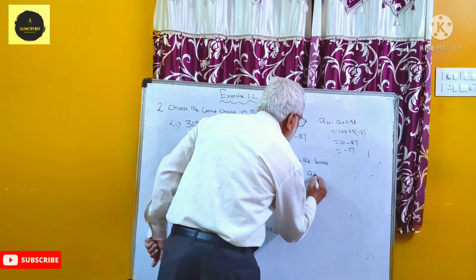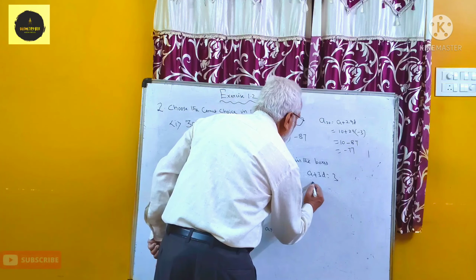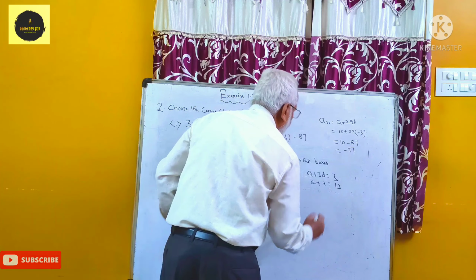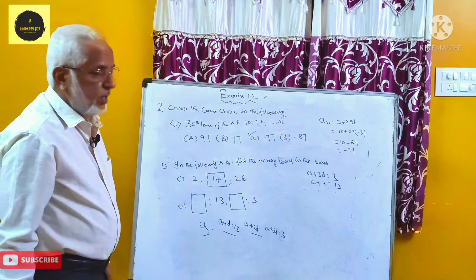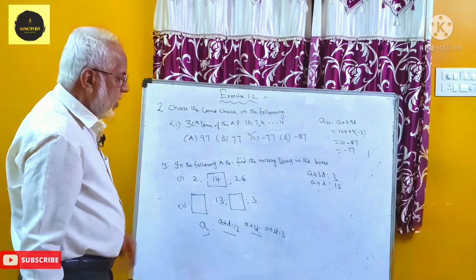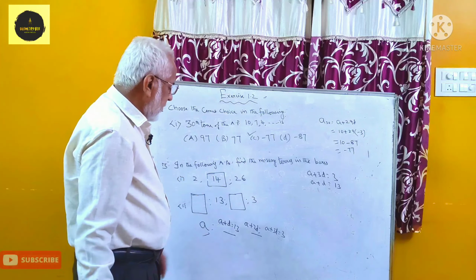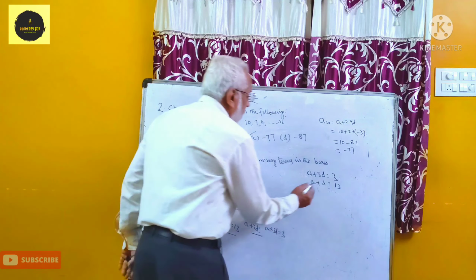First equation is A plus 3D is equal to 3, and second, A plus D is equal to 13. Now if you adopt simultaneous equations, we can find out the value of A and D. Then we can substitute the values of A and D in this equation.